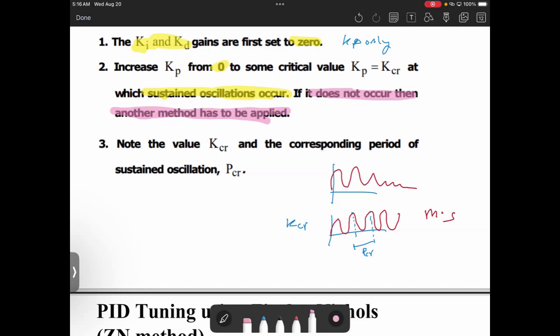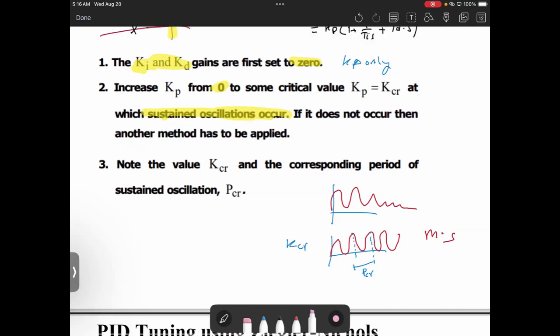Then in this situation, Ziegler-Nichols will fail or be insufficient. Then you need to apply other methods, which is not our scope now. But you cannot apply Ziegler-Nichols for every system, just for special cases, or for a limited range, not for all of them.